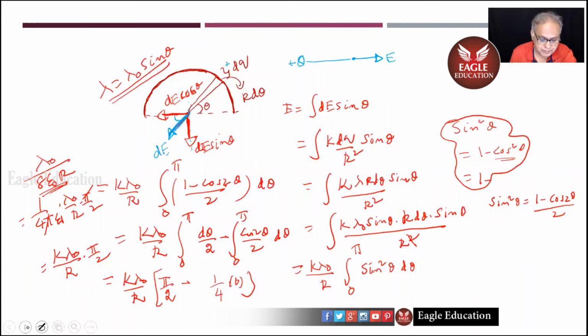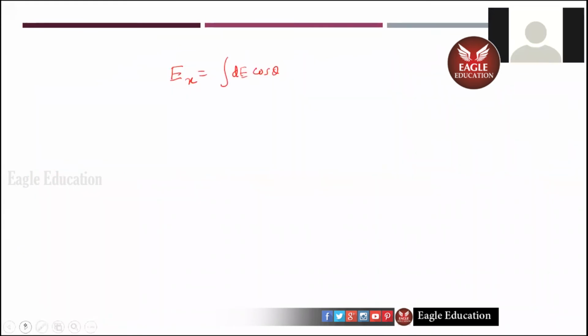Now, what is dE? In one step we write K dq by r square cos theta.